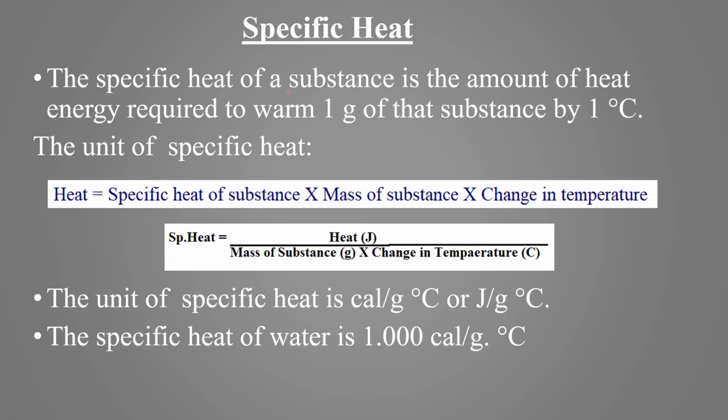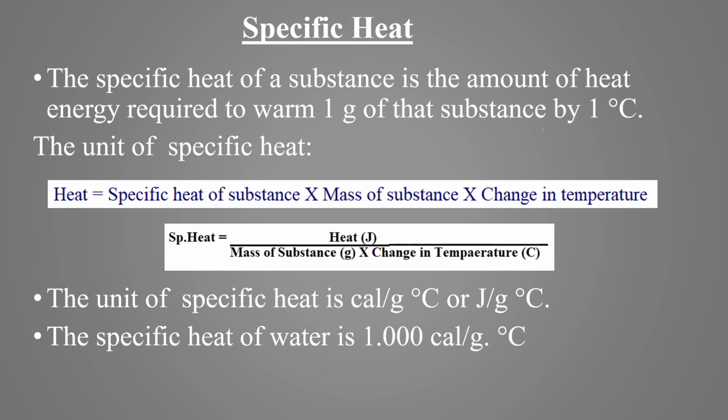The topic that we are looking at now is specific heat. The specific heat of a substance is the amount of heat energy required to warm 1 gram of that substance by 1 degree Celsius. This definition is very much similar to the definition of calorie.